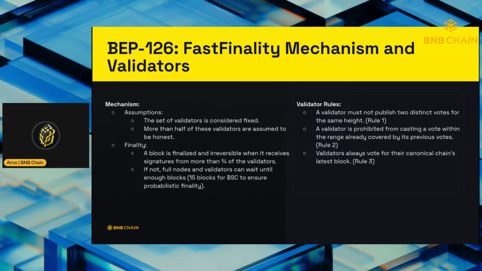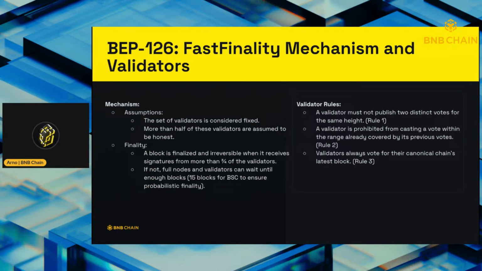The second rule is that a validator is prohibited from casting votes within a range that is already covered by their previous votes. So for example, I'm not able to vote for block number 1 if I've already voted for block number 2. It's to ensure that there is just the right amount of votes pushed by validators.